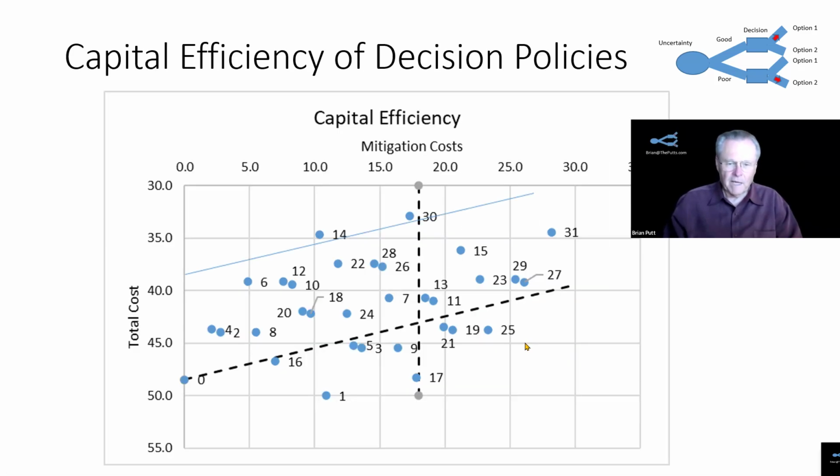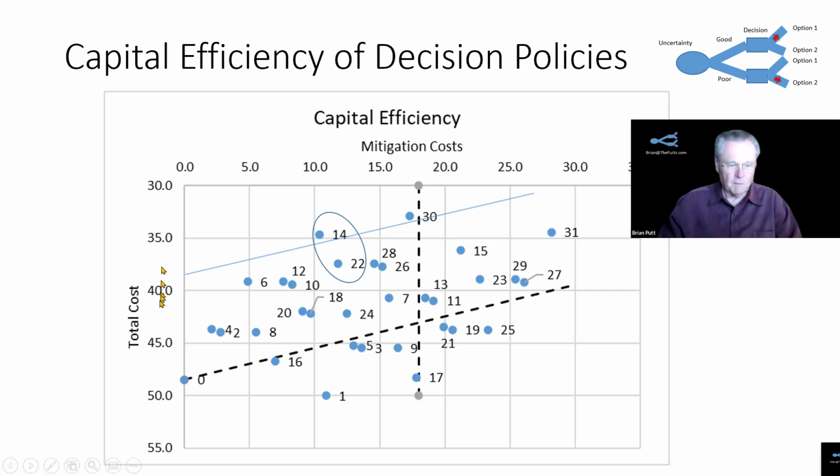We then want to look at the capital efficiency. So once again, I've got the total costs over here in reverse order, and I've got the mitigation costs. And this is our budget of $18 million. Over here is shown those 14 and 22 that we identified previously. We can see that they are under our budget on an expected value basis.